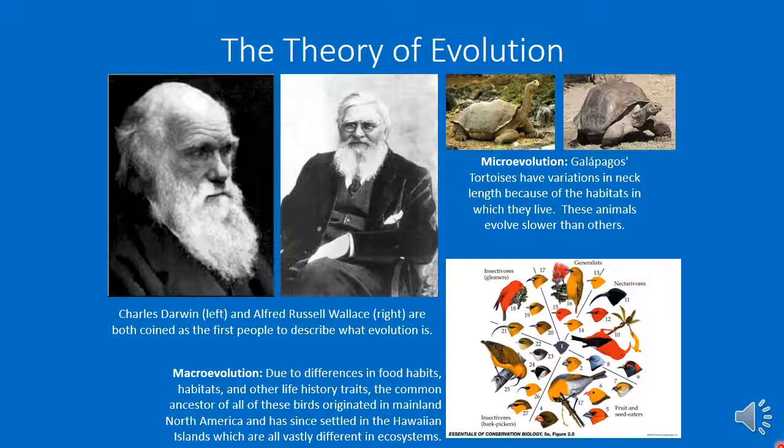And they're on these islands, and over time, all these different kinds of food sources are there. There's flowers, there's nuts, there's insects, there's fruit. And over time, different birds got better at eating these different foods, and we had different species evolve. And so now we've got all these different species of birds on the Hawaiian Islands that originated from this one ancestral bird. This took a long time. It didn't happen overnight.